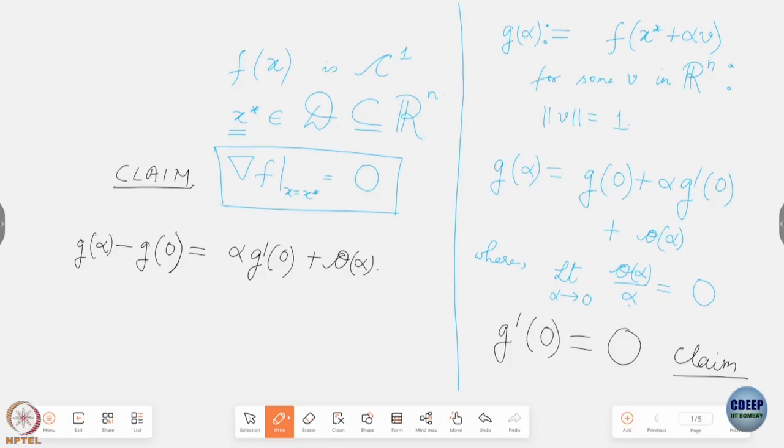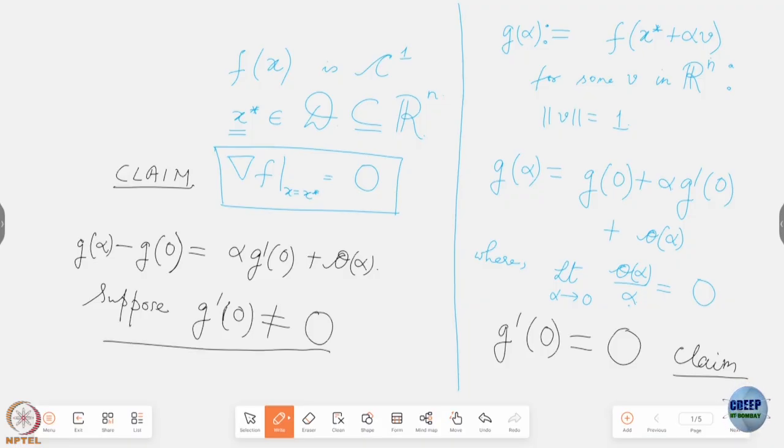Suppose, in contravention with this claim, we say that g prime 0 is not equal to 0. So we are contradicting that claim, and let's see where that leads us.